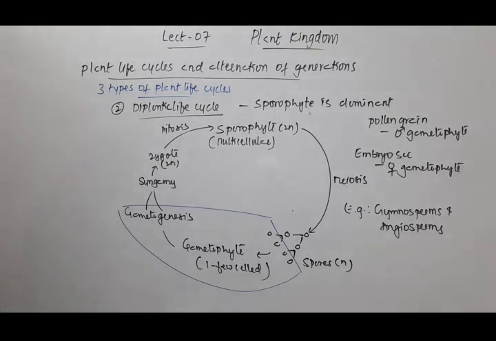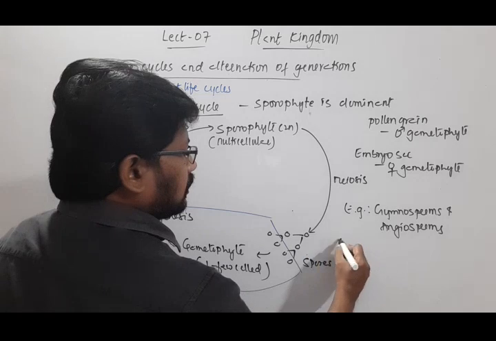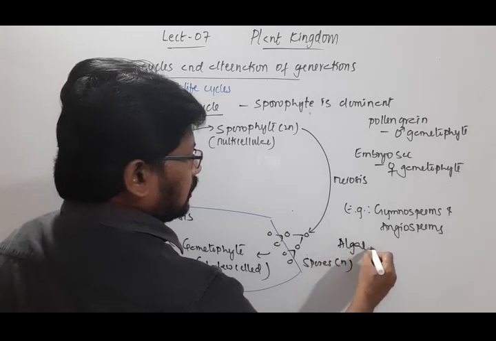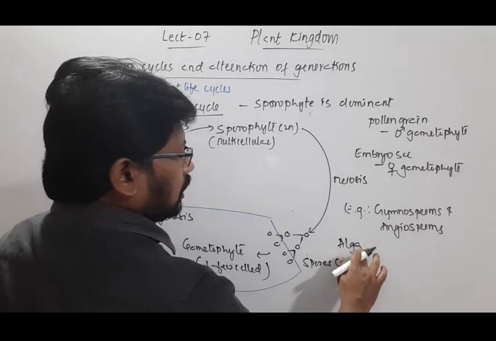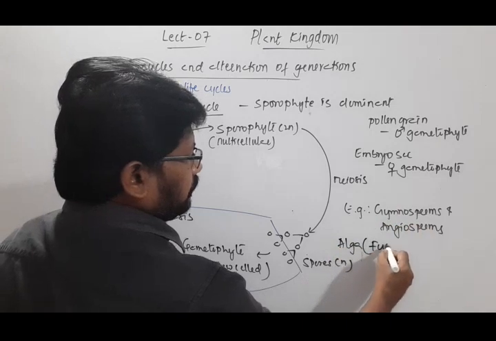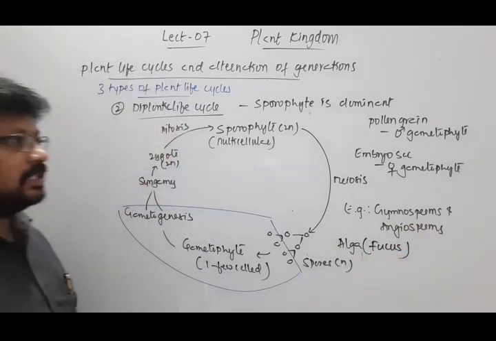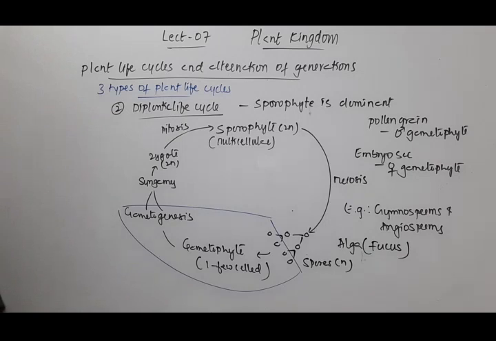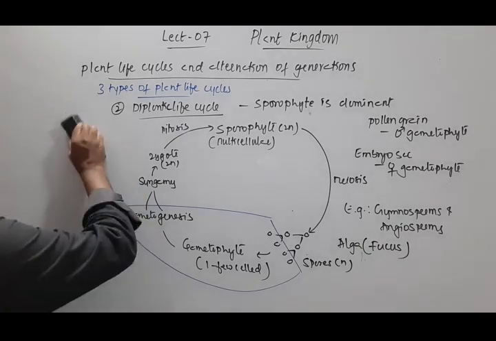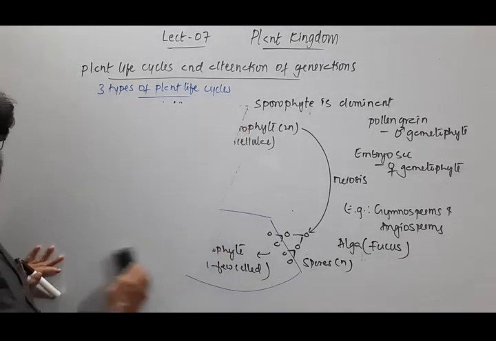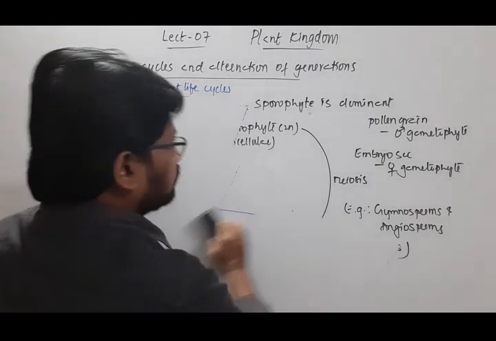Like Fucus, the alga Fucus exhibits this diplontic life cycle. Then, let's see, the third type is haplo-diplontic.